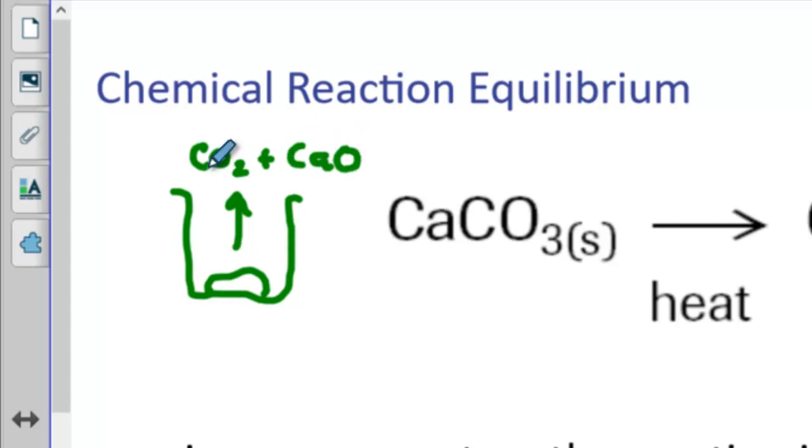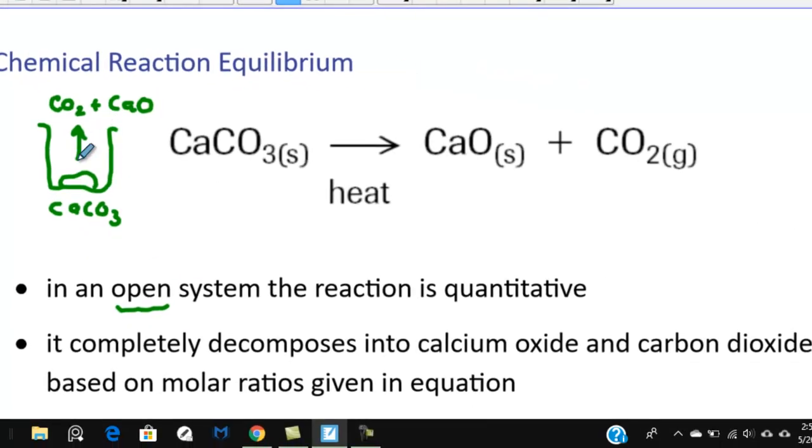The calcium carbonate will completely decompose with heat and make CO2 and CaO, because this beaker is considered to be an open system. An open system means that products and reactants are free to leave or come into the system. There's nothing keeping them from leaving, and there's nothing keeping new stuff from coming in. So as the CaCO3 decomposes, that CO2 just leaves the system. It goes out the top of the beaker.